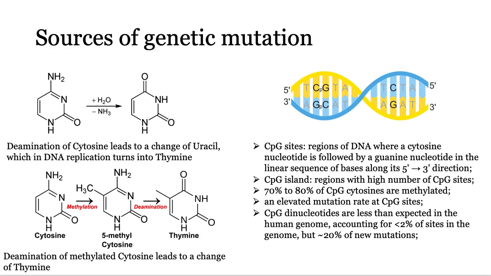So this kind of spontaneous deamination can result in a change of C to T. Similarly, if the cytosine has a methylation, so this is a methylated cytosine, if it undergoes deamination, it goes into thymine directly. So these two kinds of deamination are actually quite common in the genome.